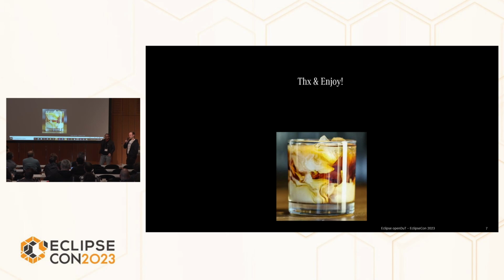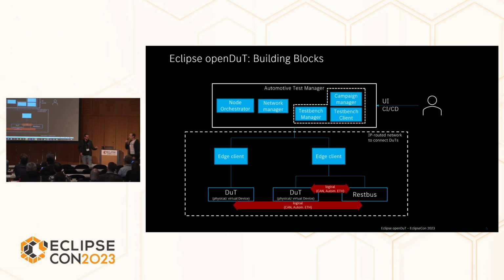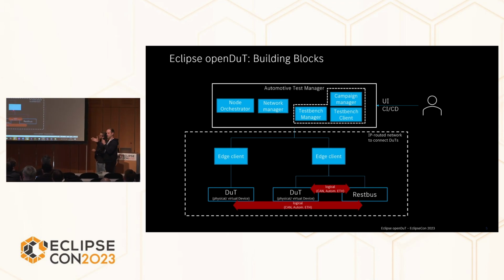Maybe one comment on that. Very good question, and we were also thinking about that. I think the important thing is that we need to have a deterministic framework, which gives you a clear yes or no, I can test it or not. And this is also what openDuT shall give you. For example, if we switch one slide back, it could be the case that the DUTs are directly connected in a physical setup.